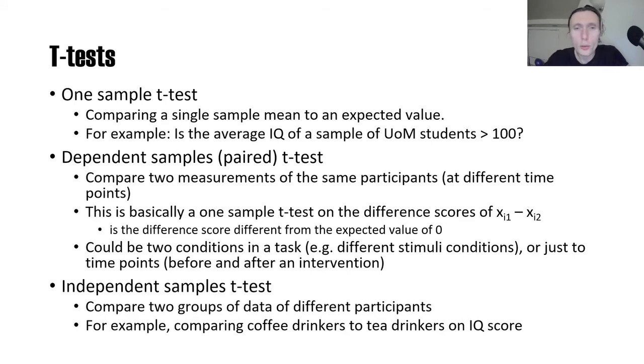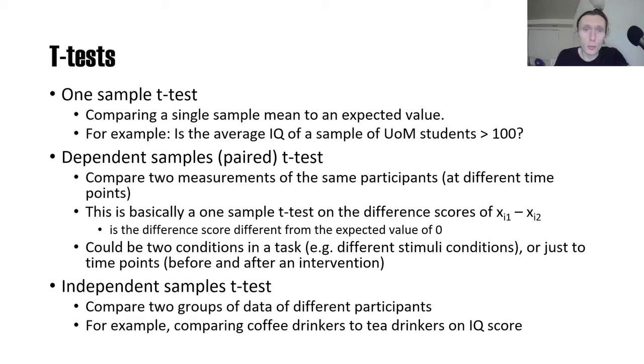So when could you use these kinds of dependent samples t-tests? Well, as I already said, you could look, for example, at the difference from today to a certain score next week. But you could also look before and after an intervention. So before somebody got some medication, after somebody got some medication. But you could also compare conditions in a task.